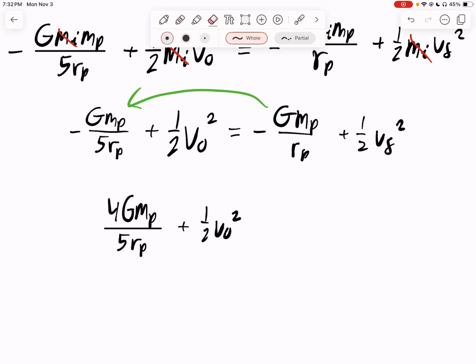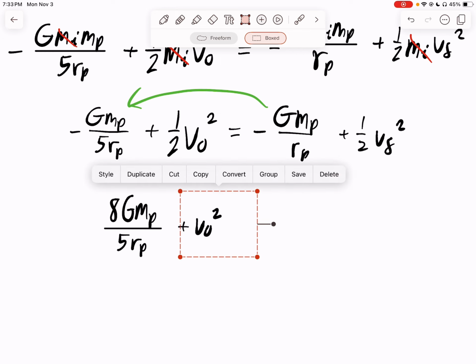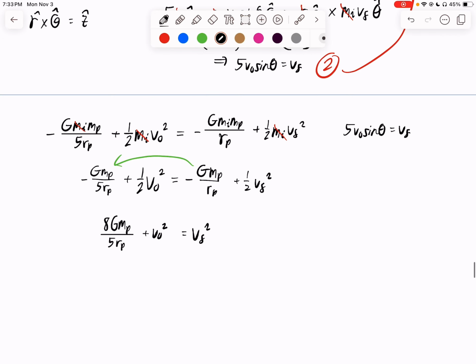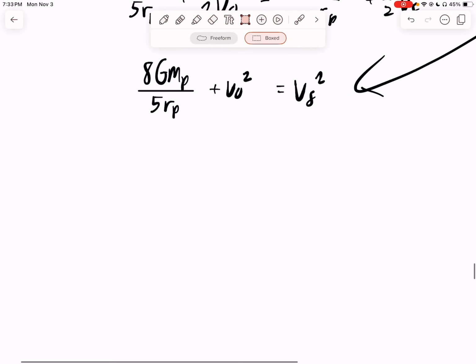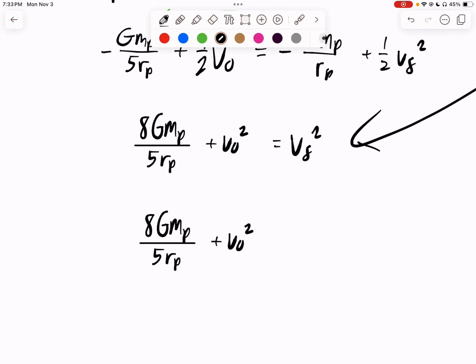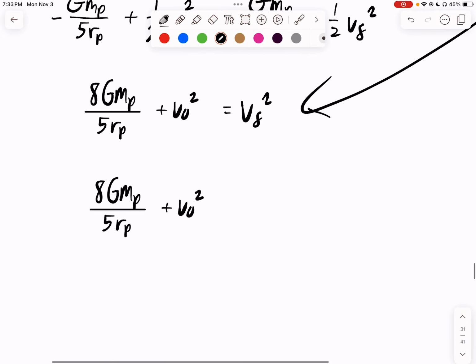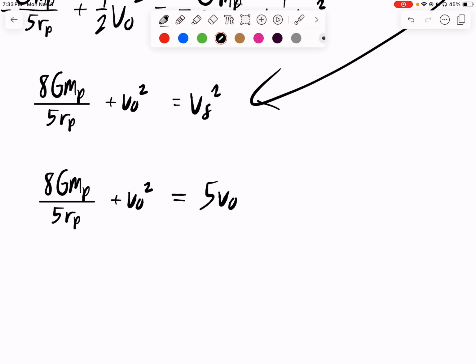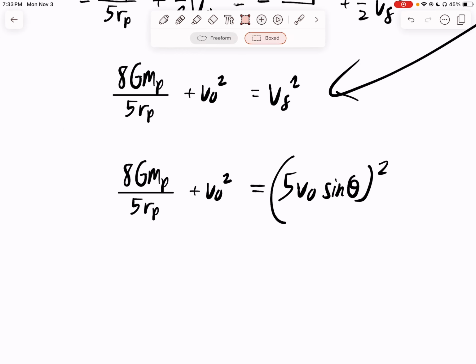And since I just said we were going to multiply everything by 2, let's actually do that. 8 G M_p over 5 R_p plus v naught squared is equal to v_f squared. And now let's substitute this in. We get that it is equal to 5 v naught sine theta, squared.